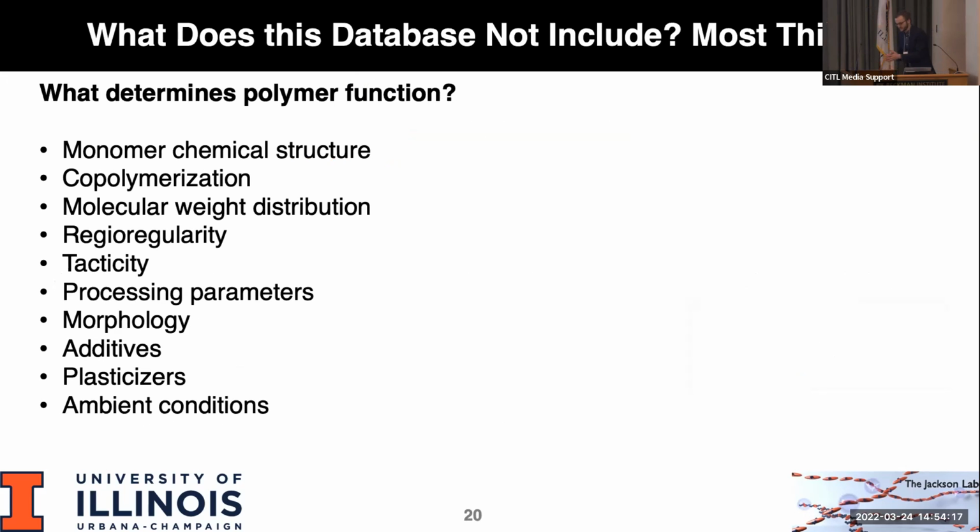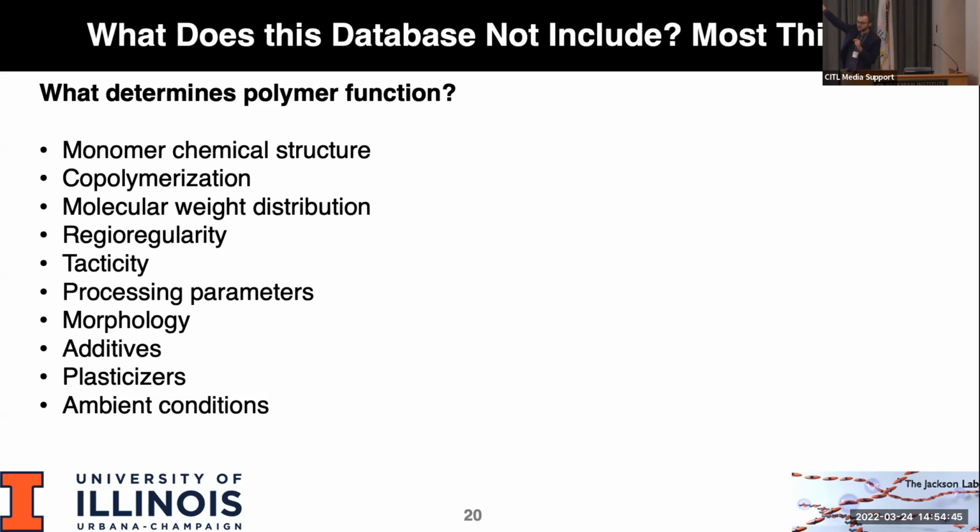So now comes the criticism time of this talk. I've said this open macromolecular genome will enable generative design, and I just want to be concrete. You have to start somewhere, right? If you are a polymer chemist or a polymer scientist, you are fully aware of all of the different variables that influence how a polymer performs. The chemical structure, we've got that. You can copolymerize, sequence dependent, what have you.